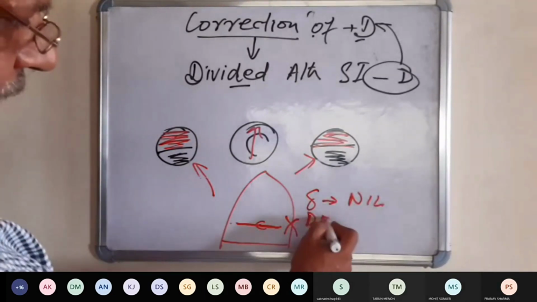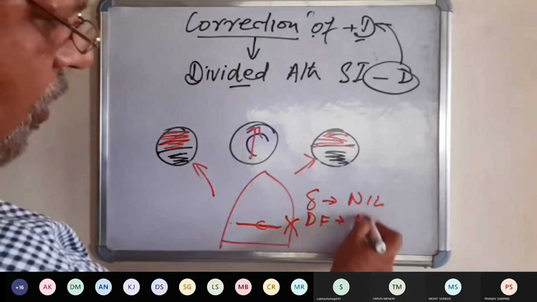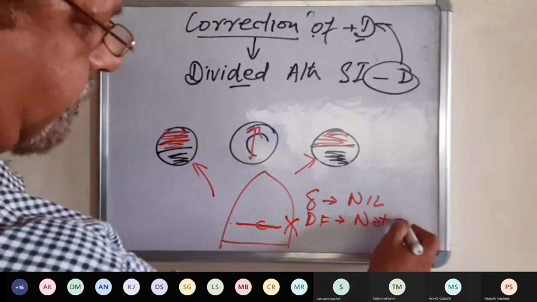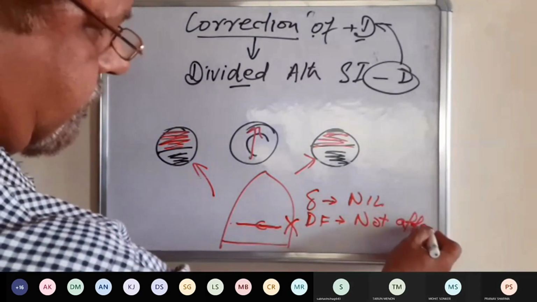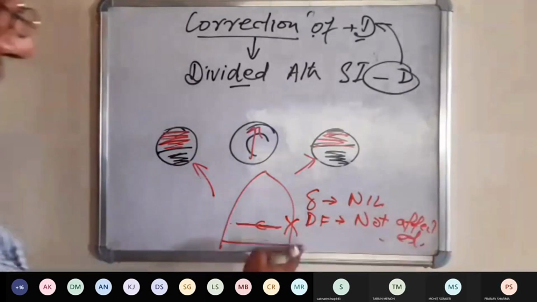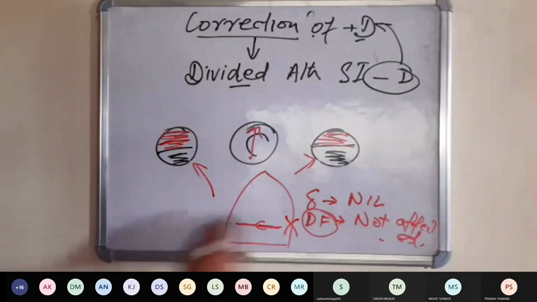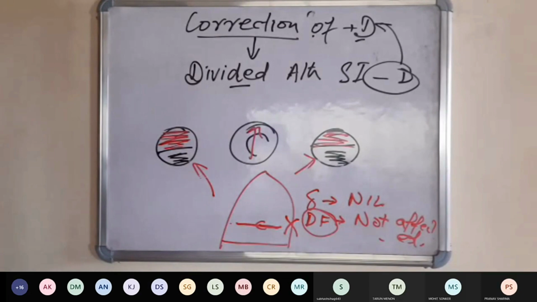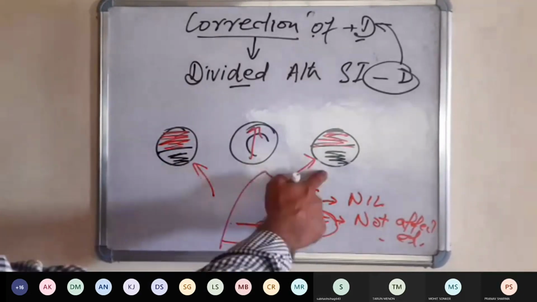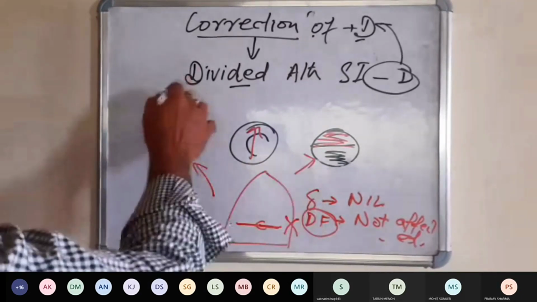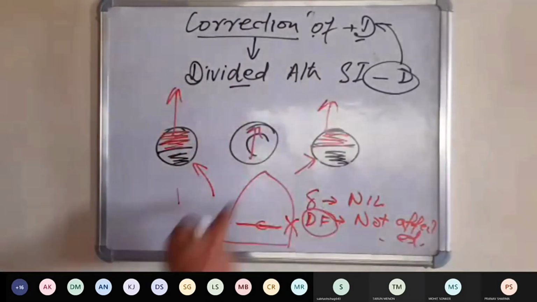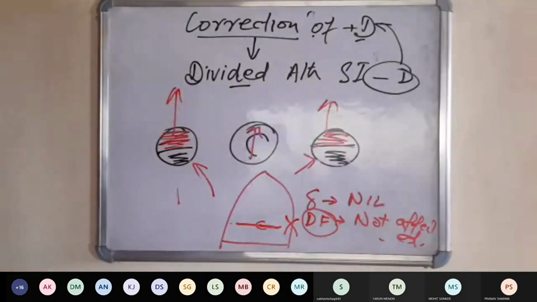The DF, directive force, was not affected. In this case, the DF was not affected. But since there is divided soft iron, this also increases the overall directive force.